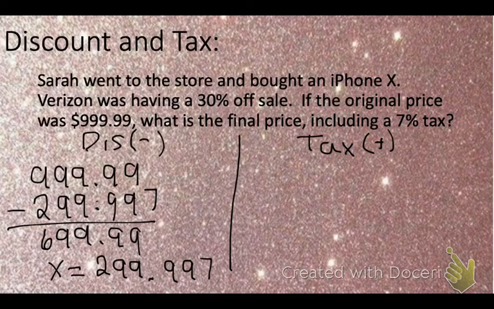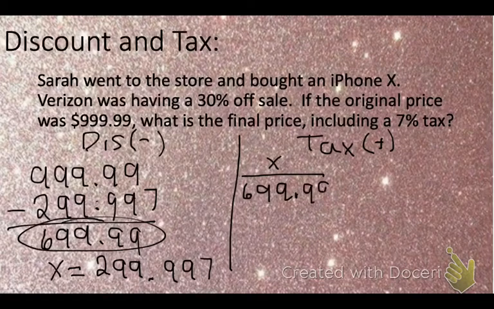So then we do tax. So we're going to take this price that we're going to pay at the register, $699.99, and we're going to be taxed on it. So we're going to do the same process, x, because we're trying to figure out the part of the tax, $699.99 equals 7 over 100. All right, cross multiply.